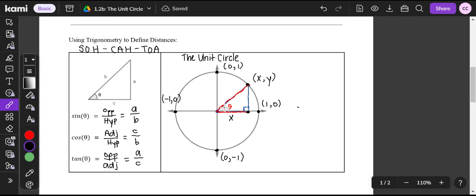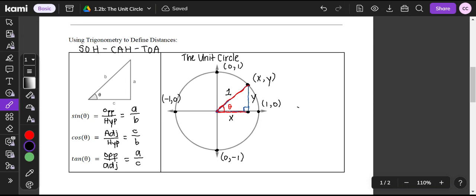To get up to this point, I need to move x units over, which means the y coordinate must be this vertical distance right here. So from the center of the circle, I moved x over to the right, and then I moved y up, and now I'm at my point. And then we know the hypotenuse is the radius of this unit circle, which is 1. So I end up with something that looks like this.